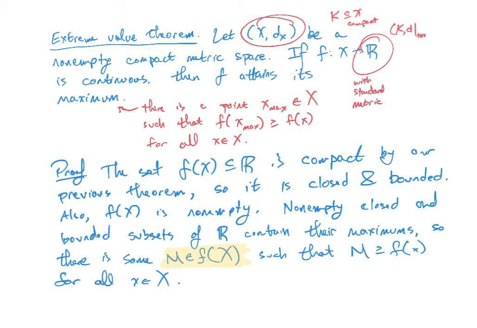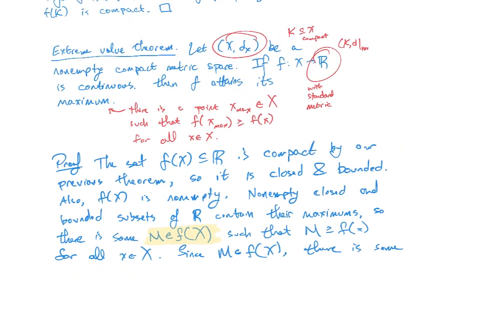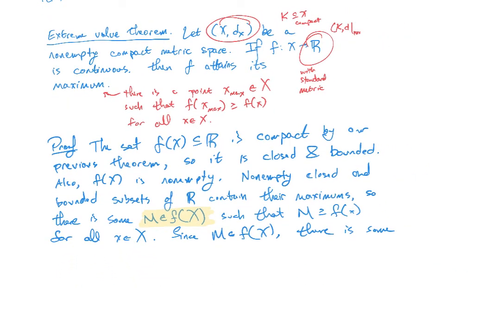Perfect. Yeah, since we took it in the range, it is the image of a point. So there is some point, and we'll call it x max. And now f of x max, I guess I might as well just say the full thing.